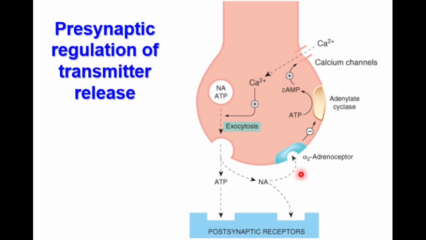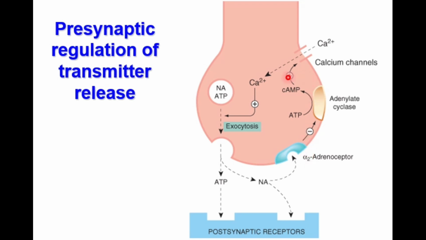Activation of presynaptic receptors inhibits neurotransmitter release. In other words, it acts as a negative feedback mechanism to prevent excessive neurotransmitter release.